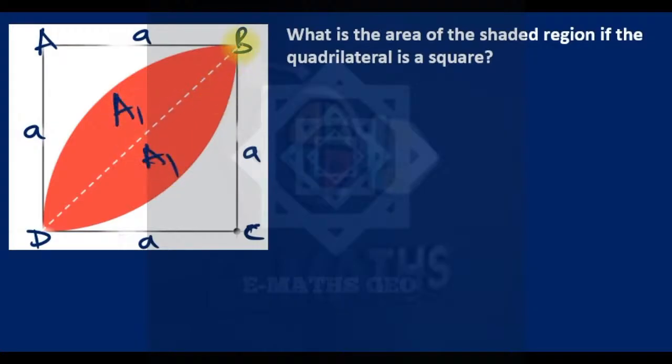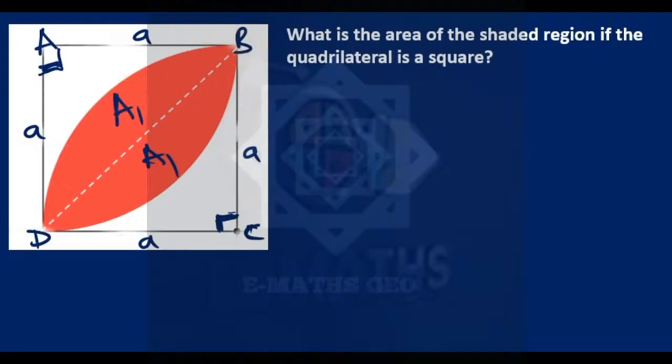And if you look at this triangle, we have a sector. You know, this is a square, so each interior angle is 90 degrees. So we now have a sector. We have sector CBD, and we're asked to find A1. So it's the same thing as subtracting the area of this triangle from the sector.